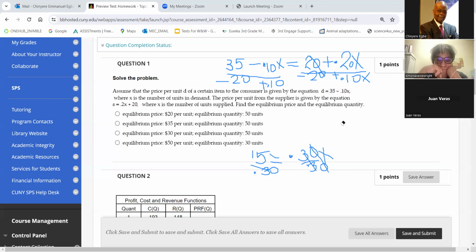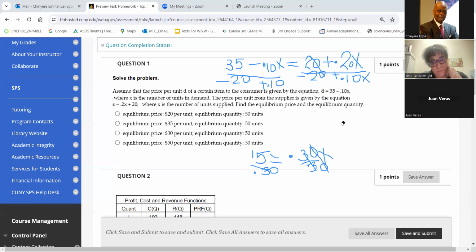And so at that point, if you say 35 minus 0.1 times X, X is 50. Okay, sorry. So 35 minus 0.1 times 50, 0.1 times 50 is 5. 35 minus 5 is 30.